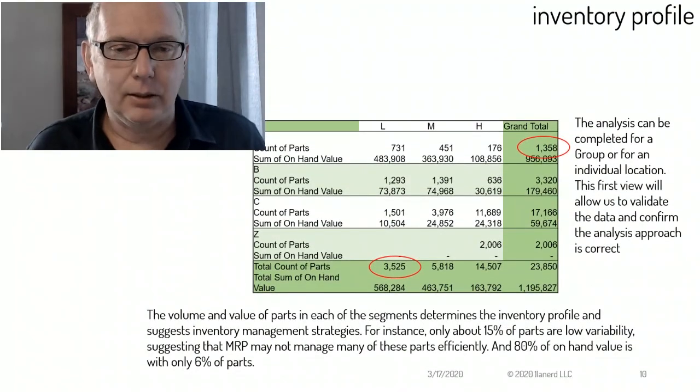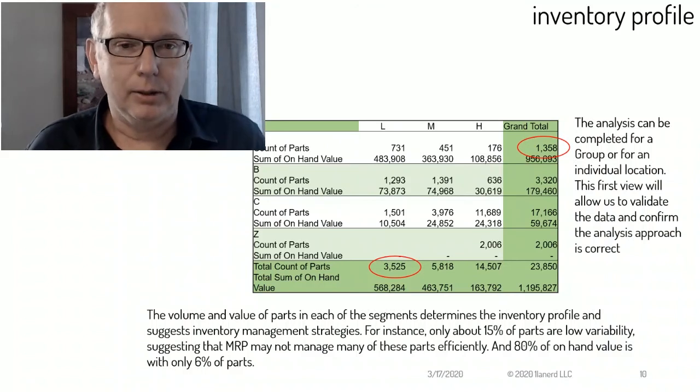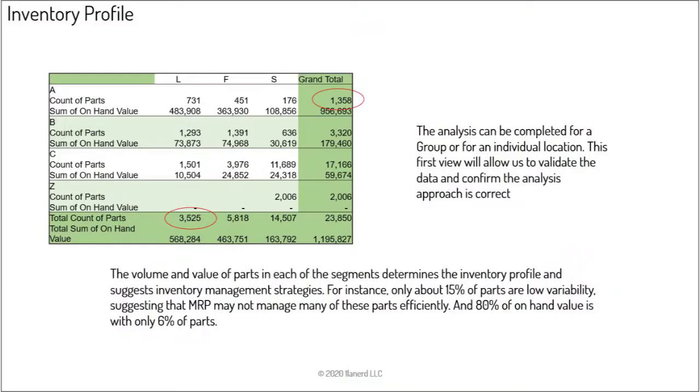Here's a practical example of how to use these concepts in a real company. So here we have a data set that was from a real company where we have the A, B, C, Z classification and the low, medium, and high variability of demand classification. We can see that the low variability column adds up to only about 3,500 parts out of the 23,850.